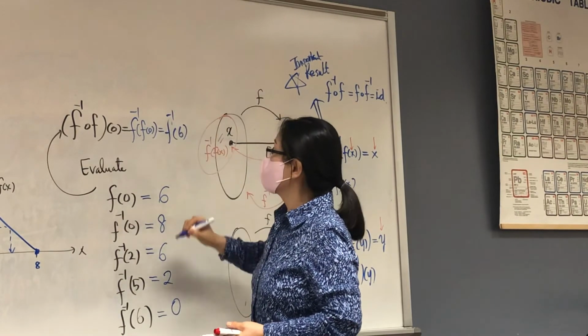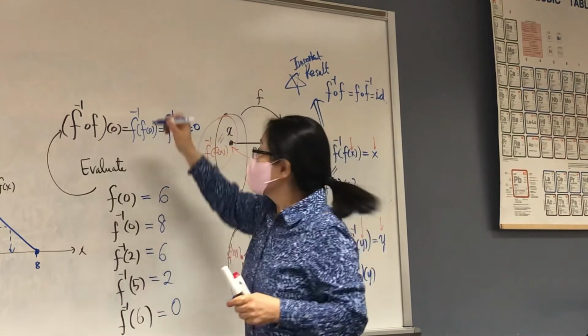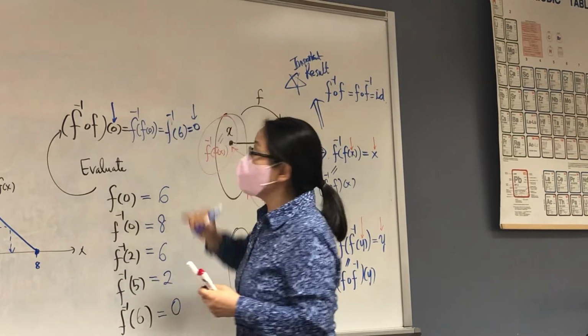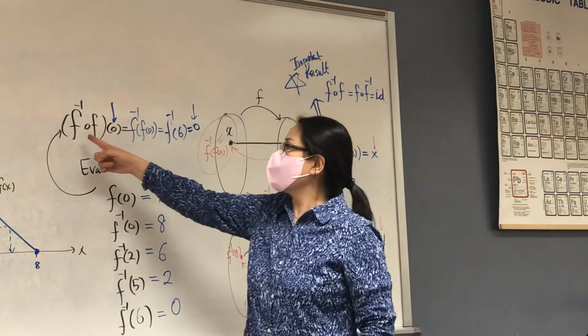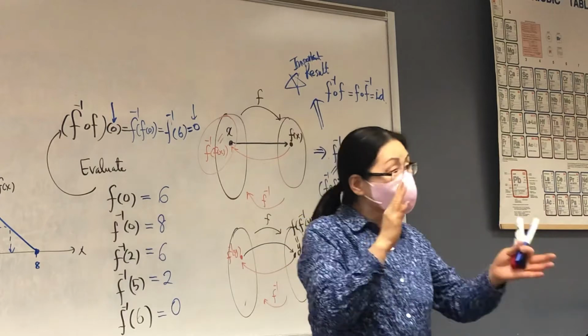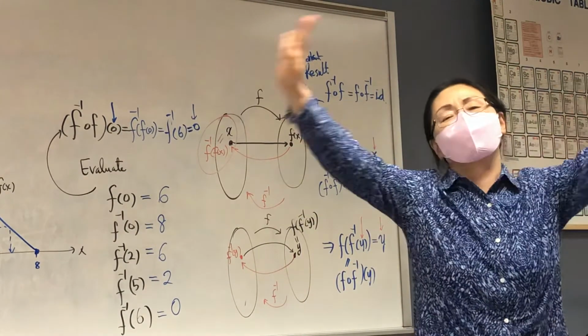So it is 0. See, starting 0, ending 0. You don't need to compute it, because f inverse exists and f inverse composite f is identity. Don't need to do anything.